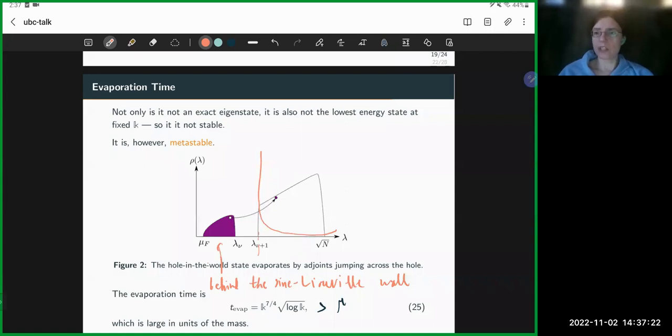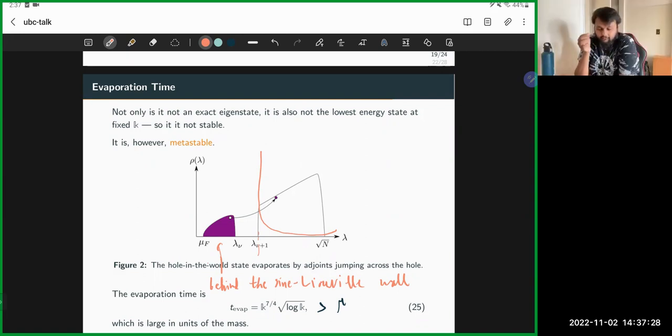But I do have a question actually. Can something fall into this black hole? So a singlet, which is a particle-hole pair, reflects off the wall here. And this is all in agreement with some string-level expectations.